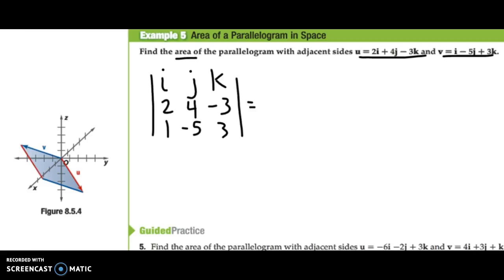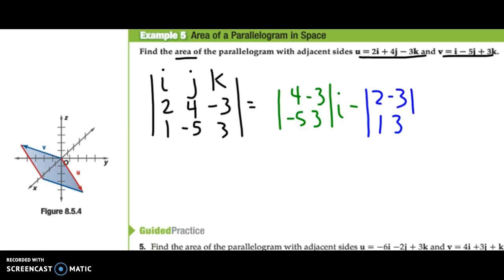Okay, so I would get 4, negative 3, negative 5, 3 for my i, minus 2, negative 3, 1, 3 for my j, and then 2, 4, 1, negative 5 for my k. And so now I have to find the determinants of each one.